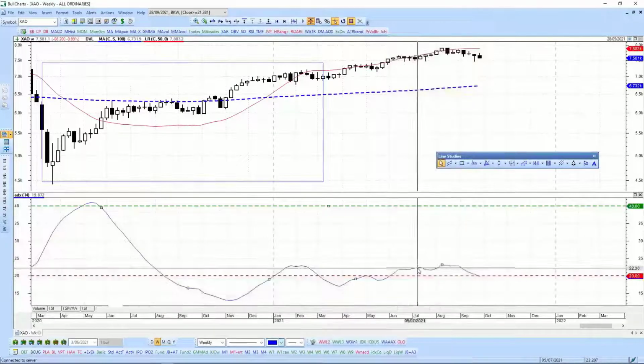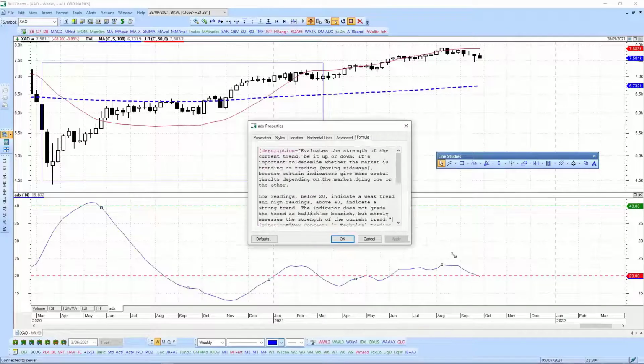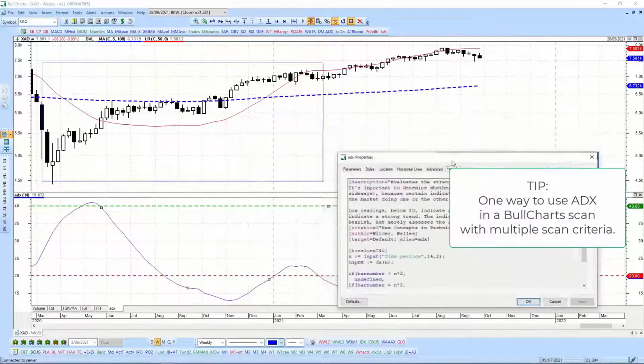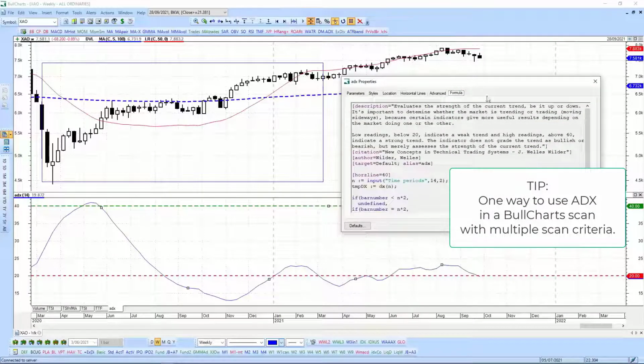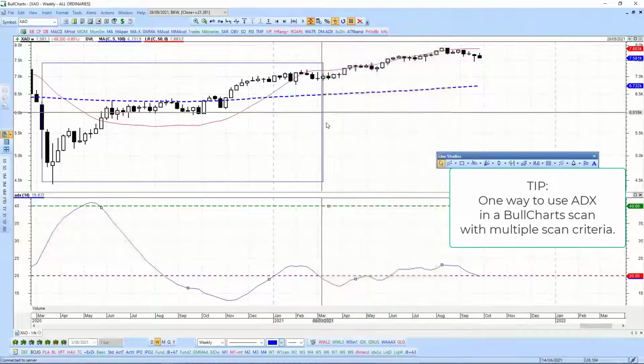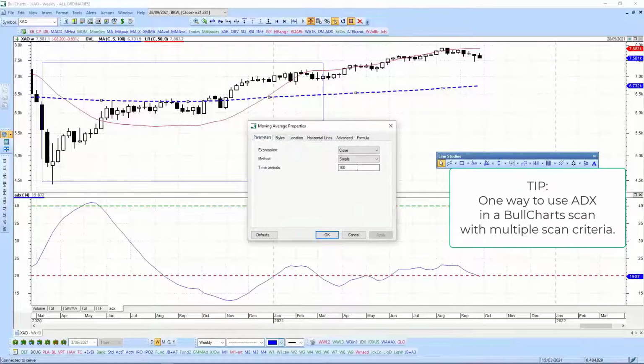Can I just make a comment, Robert? Yes, Paul. So with the ADX and the strength of the trend, as you said, it doesn't tell you the direction of the trend. So it's usually used in a scan as an add-on. With this scan, you can have and or. So you have and. So a simple example is it's got a 200 EMA that's heading upwards, and the strength of the ADX is greater than, say, 25.